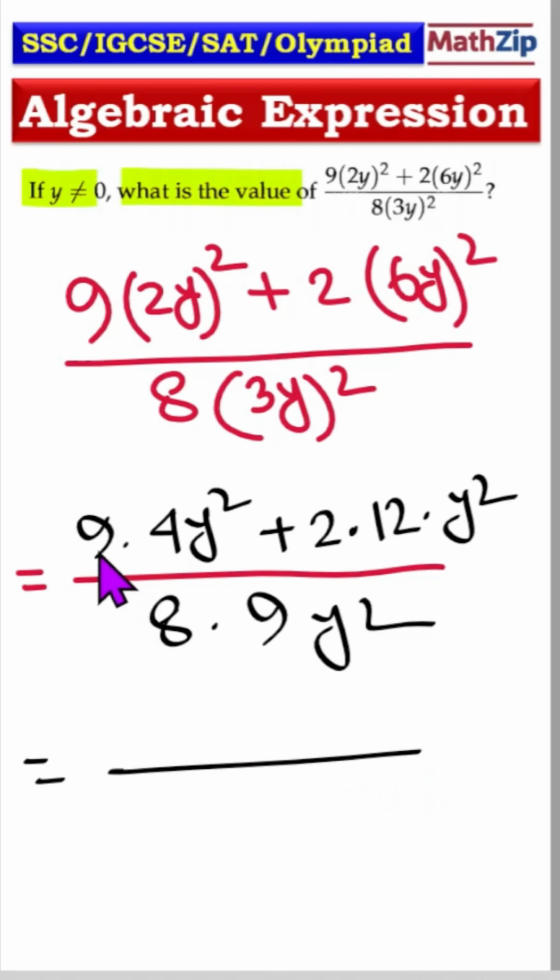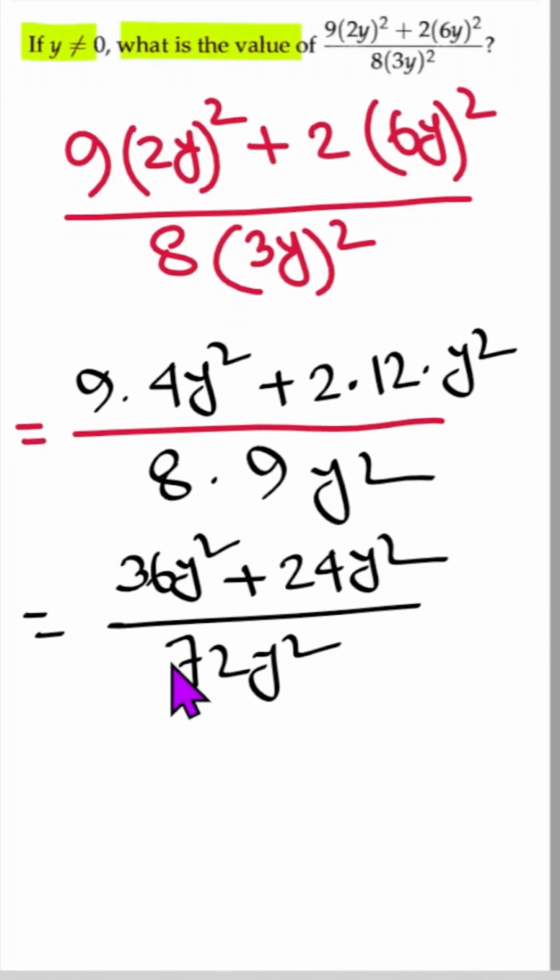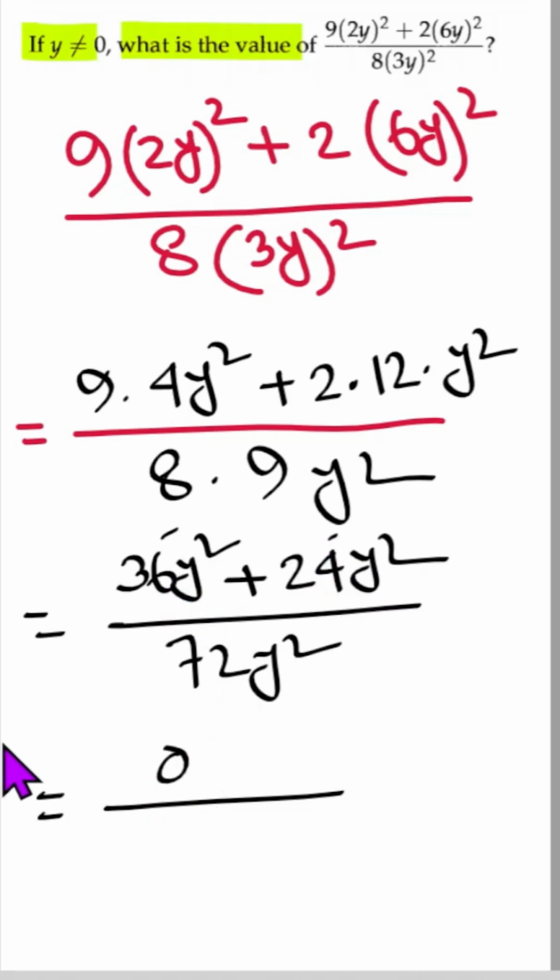So here is 9 times 4 is 36 y square, plus 2 times 12 is 24 y square, 8 times 9 is 72 y square. Okay, then 36y square and 24y square, once we make the summation, it will be 60y square, and here is 72y square.